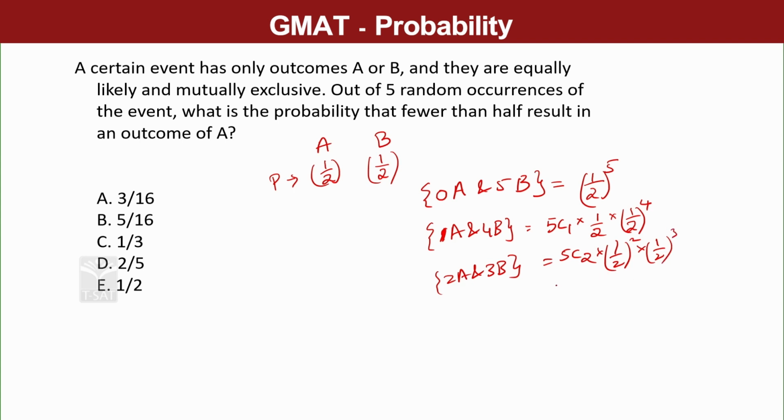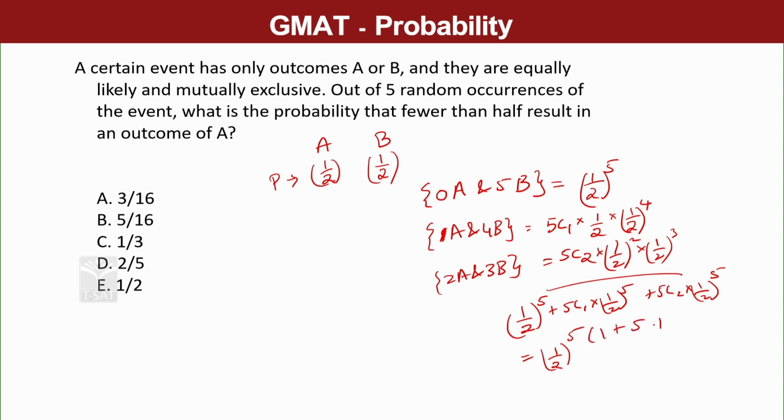So, the total probability comes out to be 1 by 2 to the power of 5 plus 5C1 into 1 by 2 to the power of 5 plus 5C2. We are taking 1 by 2 to the power of 5 common. You are left with 1 plus 5C1 is 5, 5C2 is 5 into 4 divided by 1 into 2.